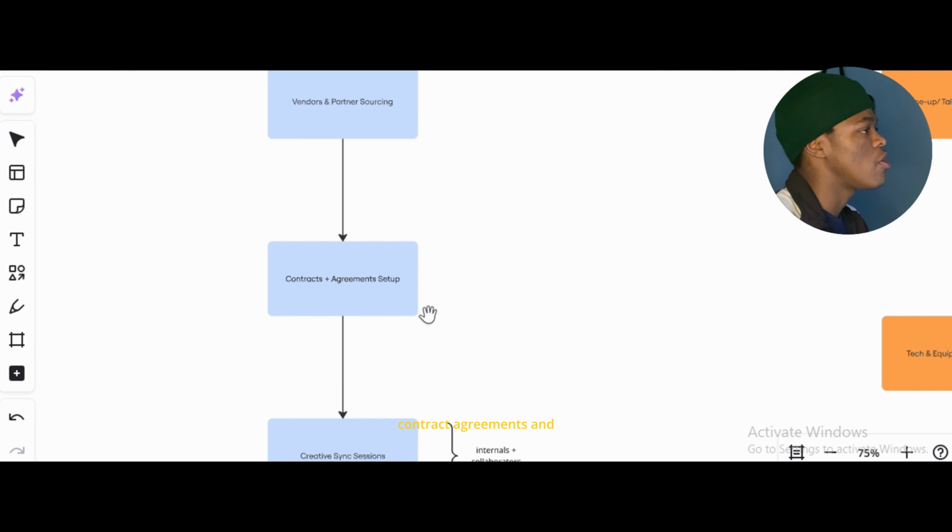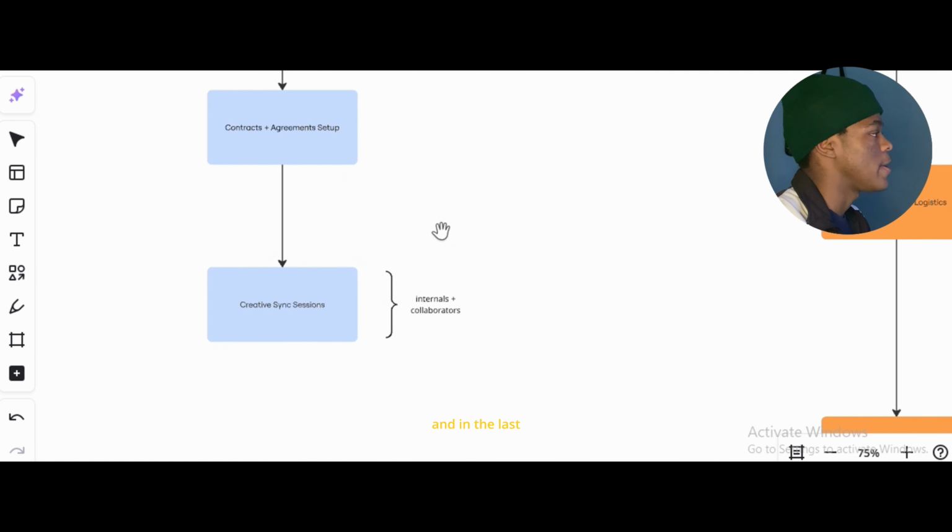And then there are contract agreements and setups. We set up contracts that we can send out to specific people to solidify their commitment to our events. This is where we make sure everybody is on board, and that we lock in whoever we want to be committed.